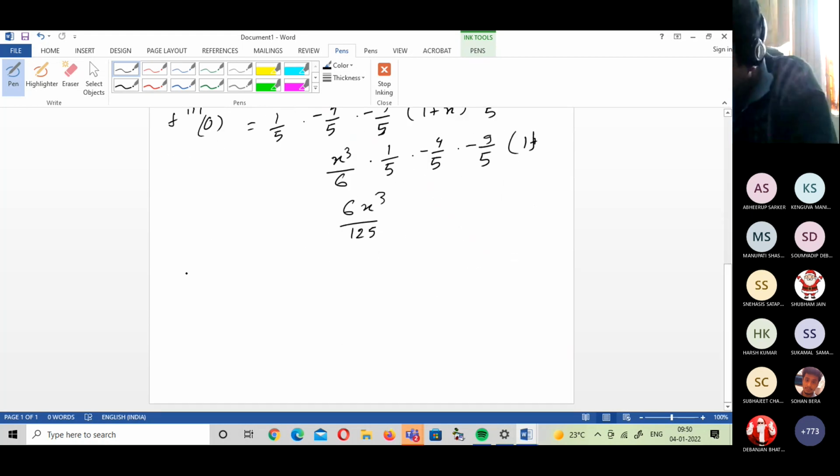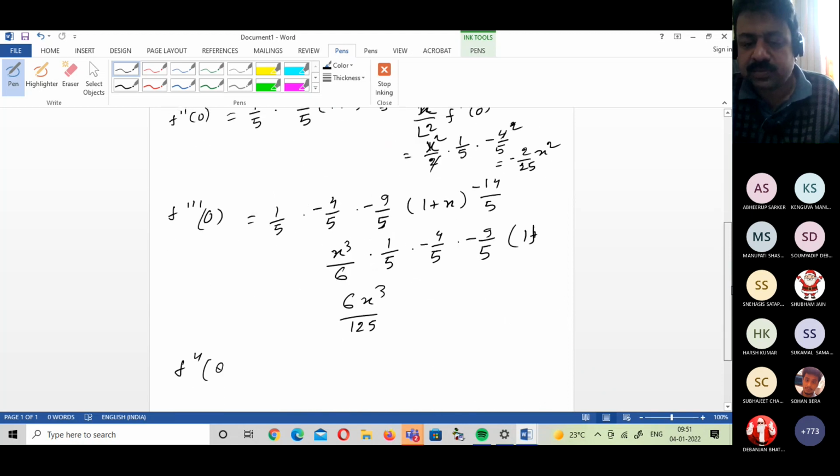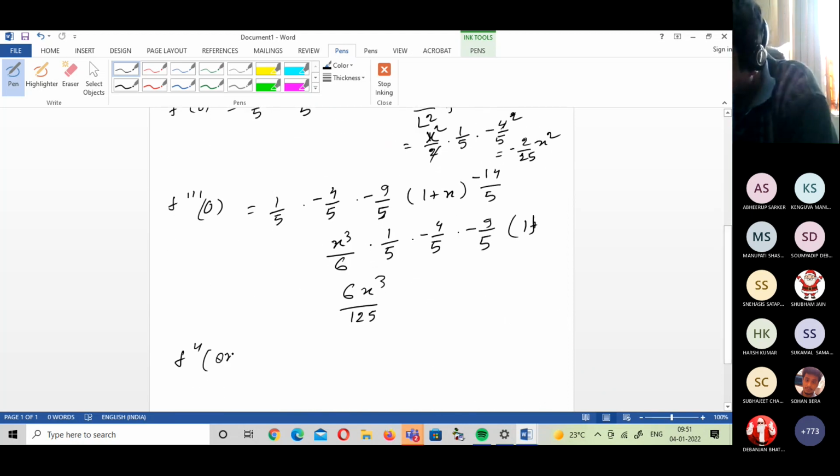Now f4(theta x), because of 1 plus theta x here. What is the value?